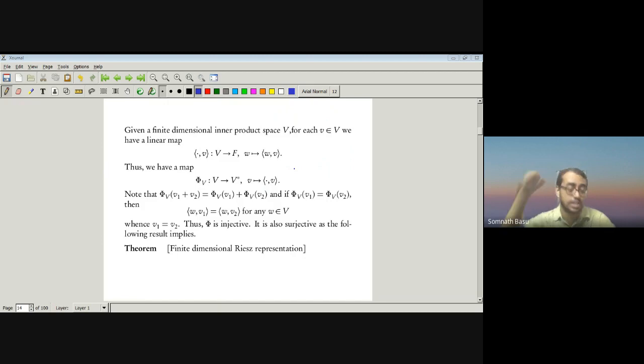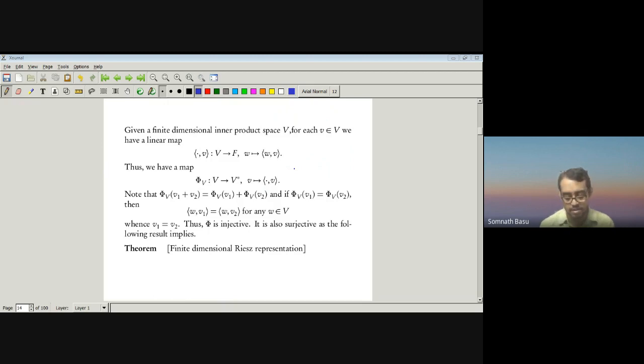Okay, so this is what I'll call the finite dimensional Riesz representation. You'll see grander variants of Riesz representation in the special lecture on Saturday, because any talk on dual spaces will invariably lead to measurements and measures. There's no way around it.